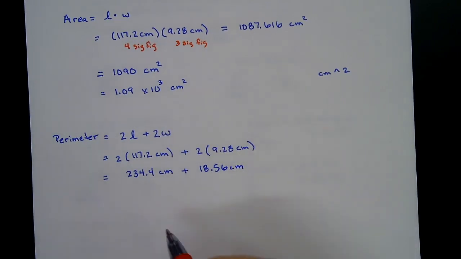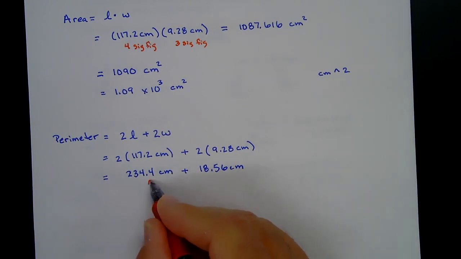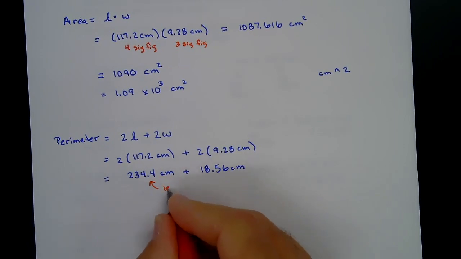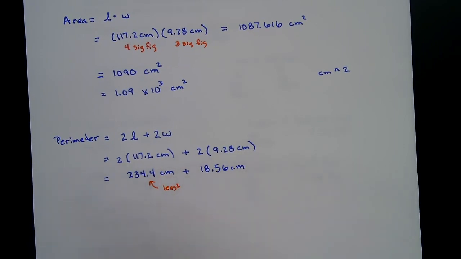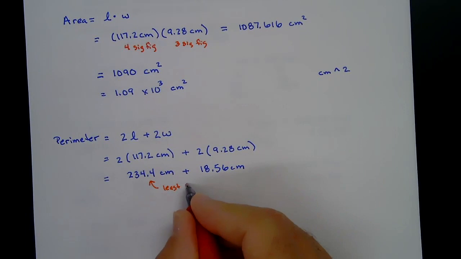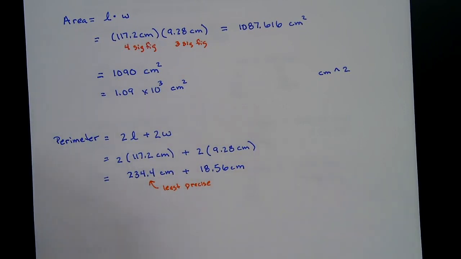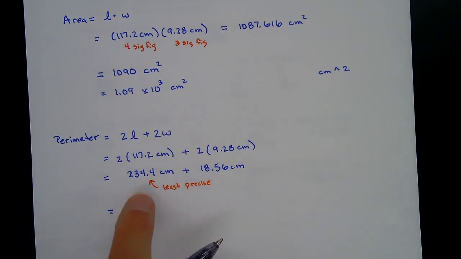Okay, now recall, this one's the least precise, right? Because it only goes 1 decimal place. This one goes 2. So this is the least precise. That means our answer can only have 1 decimal place. Okay, so take the 234.4 and add 18.56. And you get 252.96.